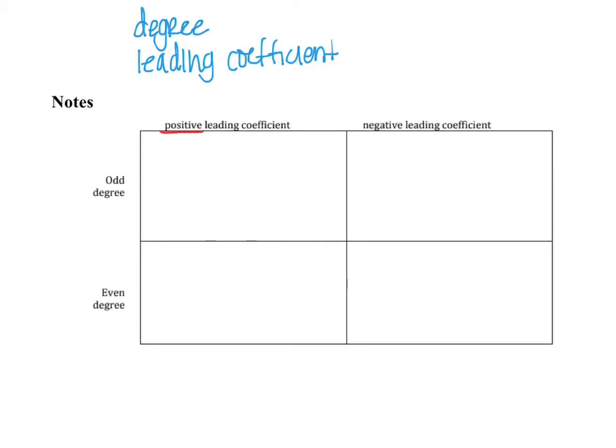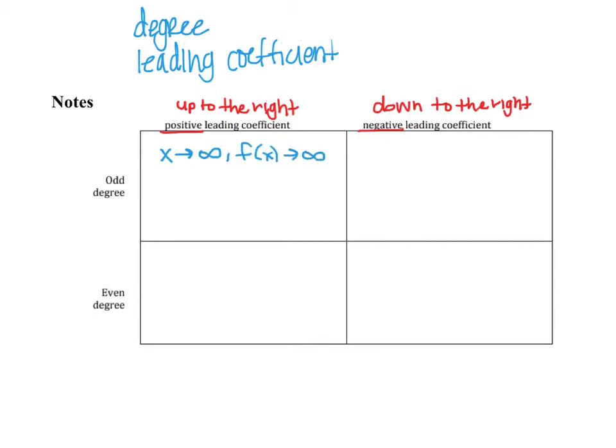If I have a positive leading coefficient, that means my graph is going up to the right. If I have a negative leading coefficient, that means my graph is going down to the right. If I was to write this with the arrows, positive leading coefficient: as x approaches positive infinity, f of x approaches positive infinity.